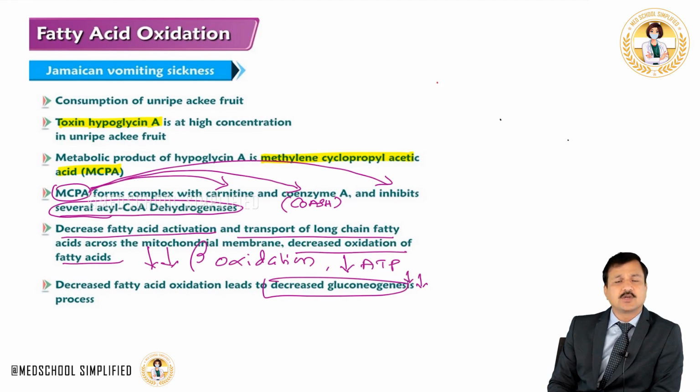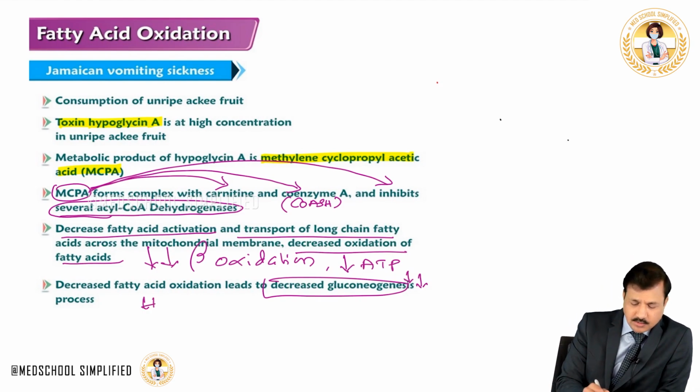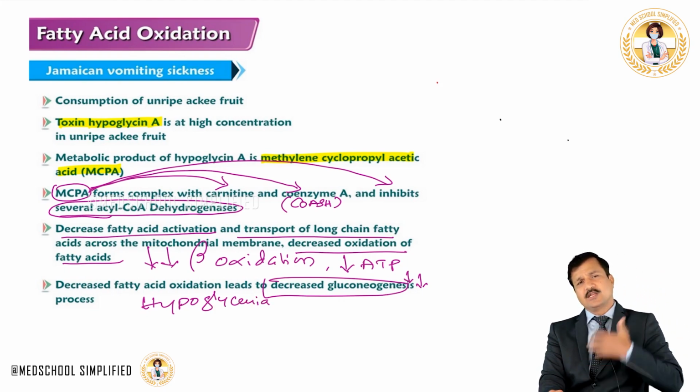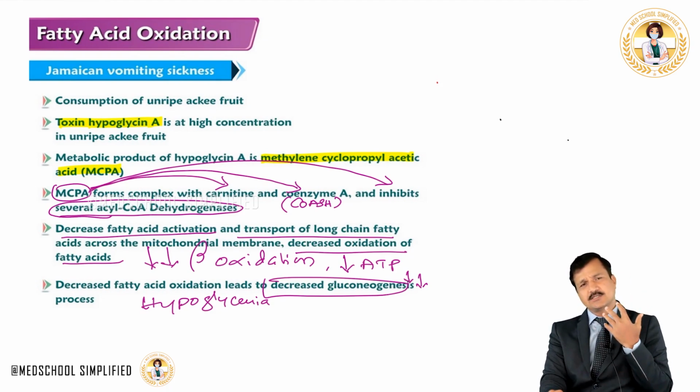And when the decrease in gluconeogenesis happens, it will lead to hypoglycemia, especially when the person needs glucose, like when there is severe vomiting and dehydration. Hypoglycemia is setting in because of decrease in gluconeogenesis.